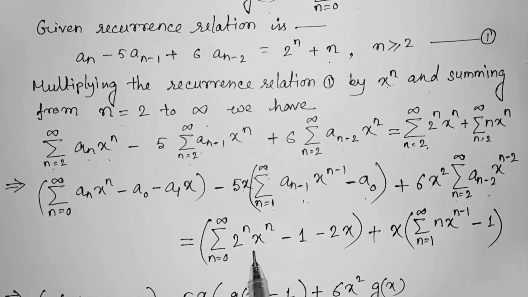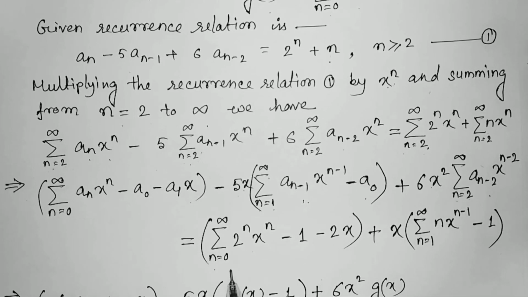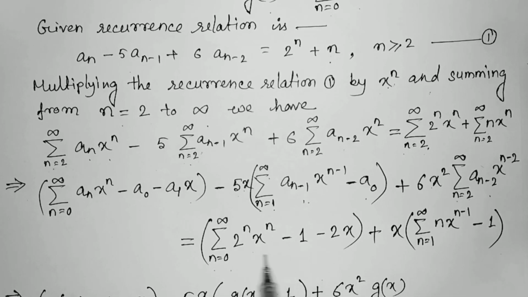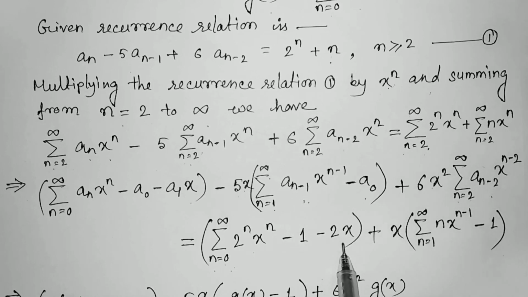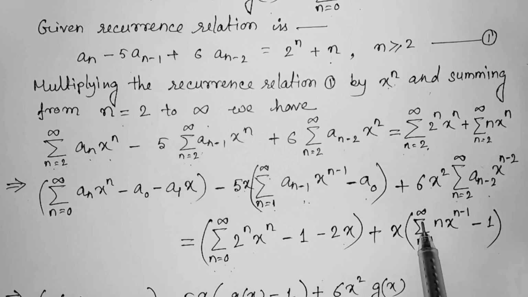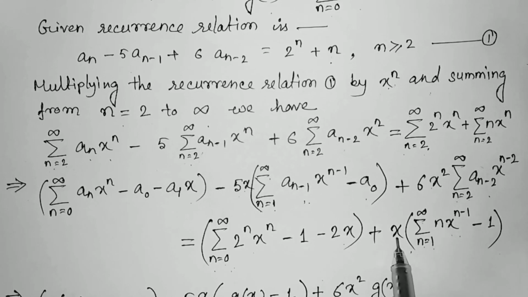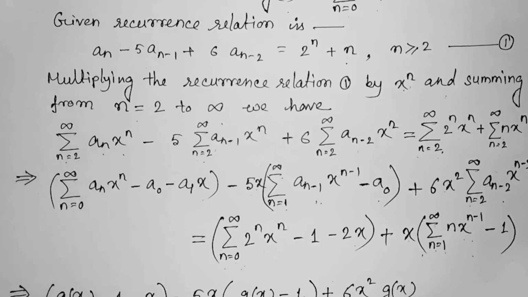Here again this one is from 2 to infinity, so we should make it from 0 to infinity, and for that reason we write two terms extra, for n equals 0 and n equals 1, so that we subtract accordingly. And this term we should write from n equals 1 to infinity, and accordingly one x should be taken out.